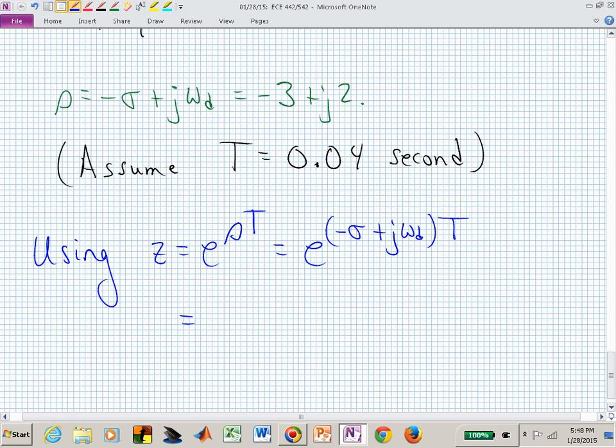And we can distribute that sample period across both terms in the exponent. And we now have e to the minus sigma t plus j omega sub d t, but we could also write that as e to the minus sigma t times e to the j omega sub d t.